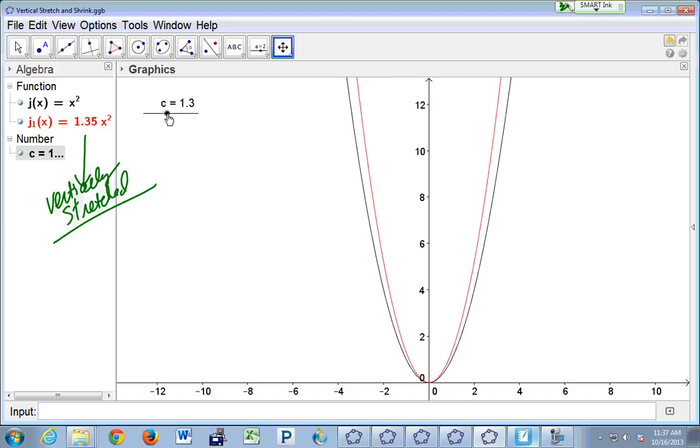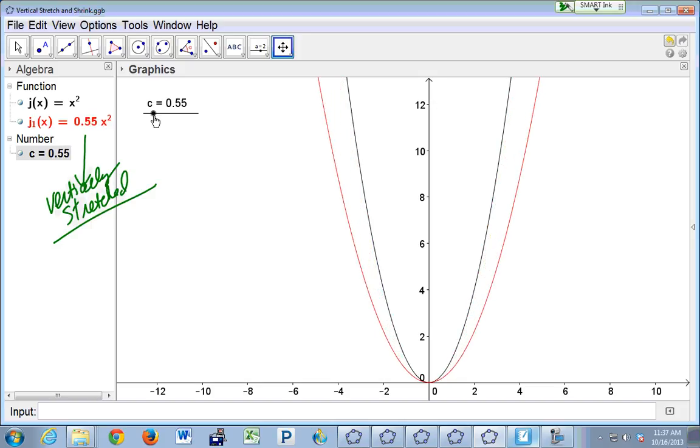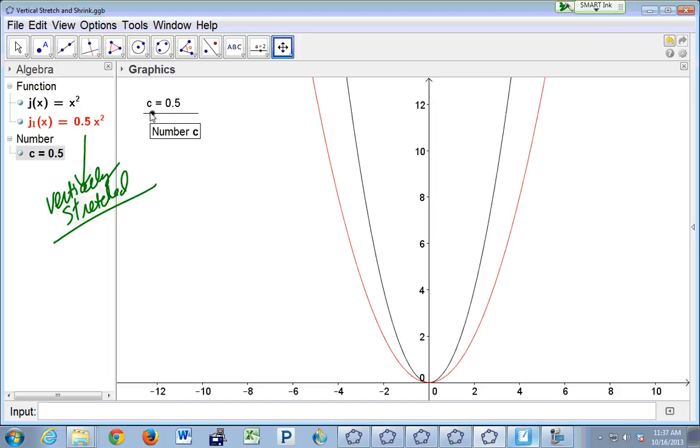Here we go. So here we are at 1. Now we're going to be a number between 0 and 1. So here we are at 1/2. Now look what's happened. We're further away from the y-axis, or for each x value, your height is now closer to the x-axis.